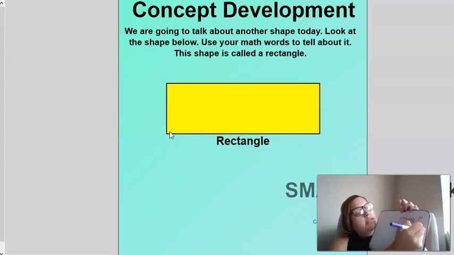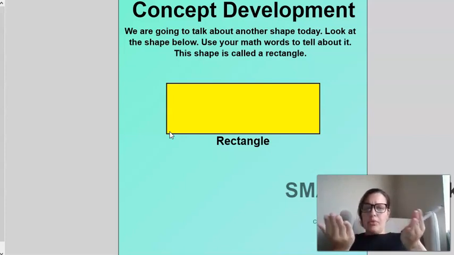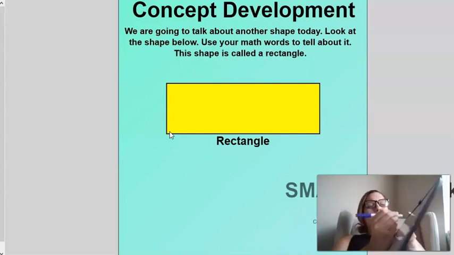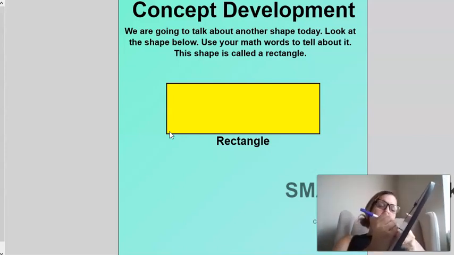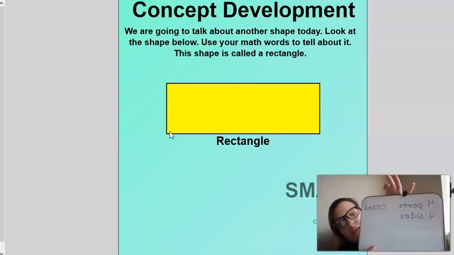So how many sides? 4 sides. Anything else? Opened or closed? Closed. So I'm going to write that on our board. Closed. I wrote it over here.